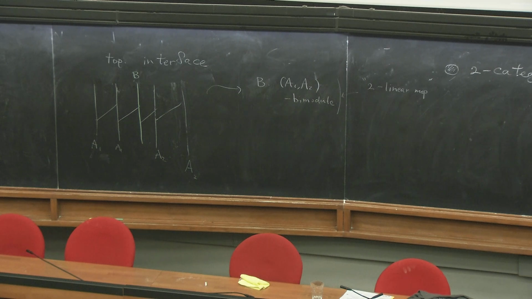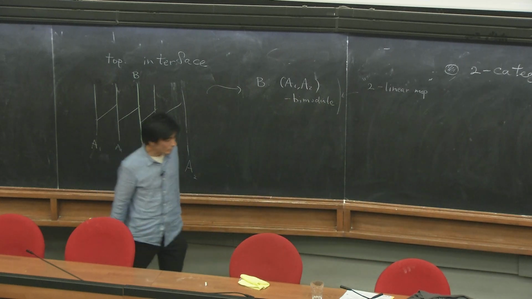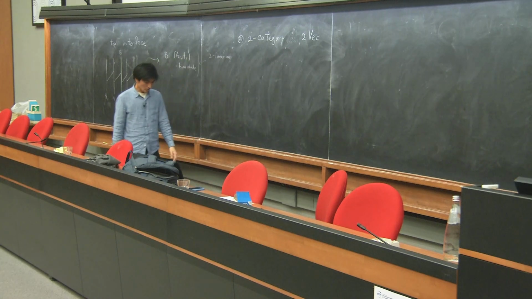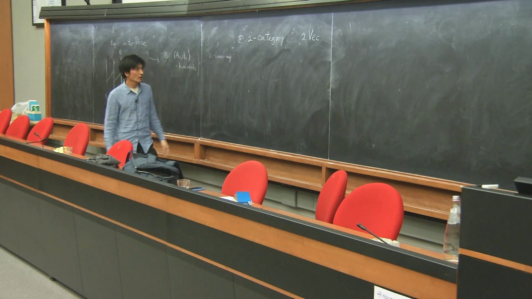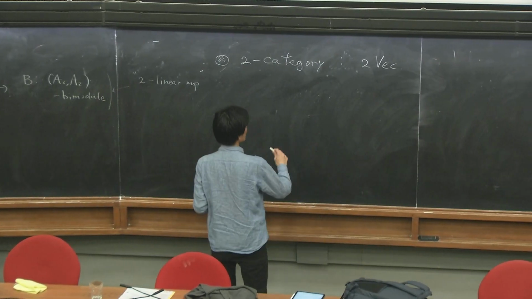Category is some mathematical gadget to organize things, and a 2-category is just a higher version of it.